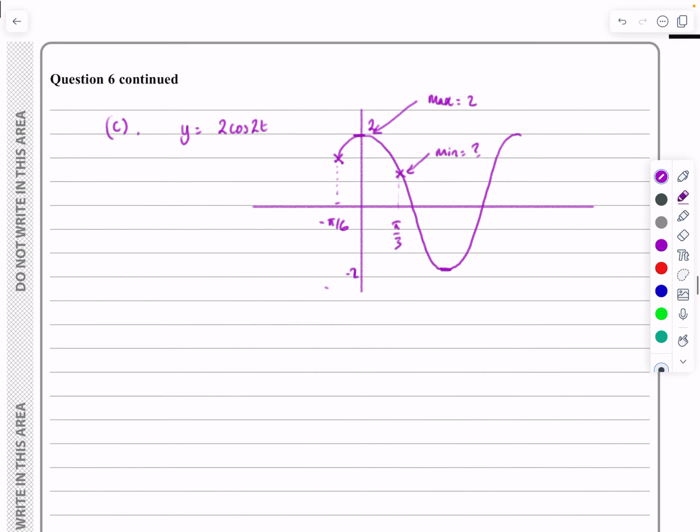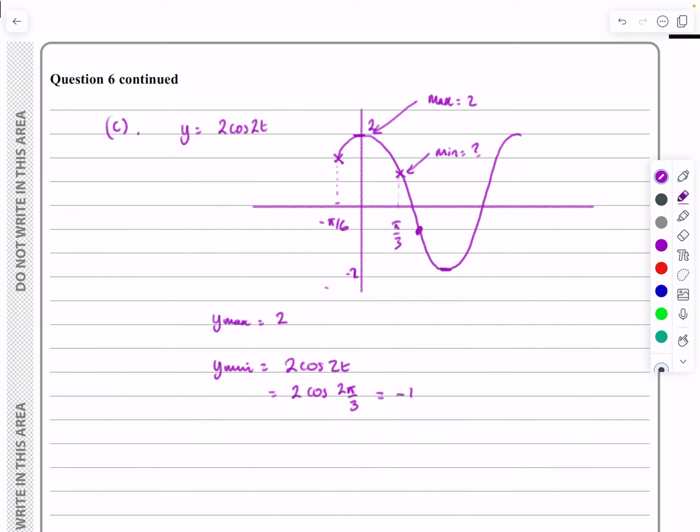So when we do it with the y's then, y max, taking off the graph, is equal to 2, and y min is 2 cos 2t, and what I'm going to put in there is 2 cos of 2 pi over 3, and whatever that works out to be, it actually works out to be minus 1, so we show it's down there somewhere.